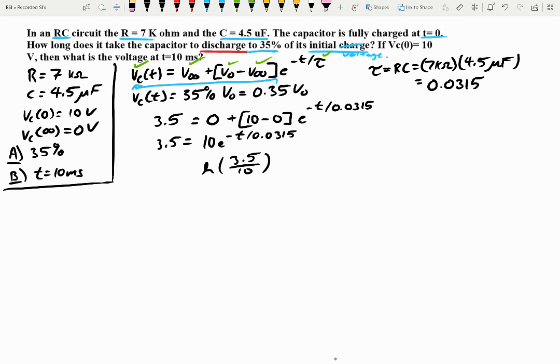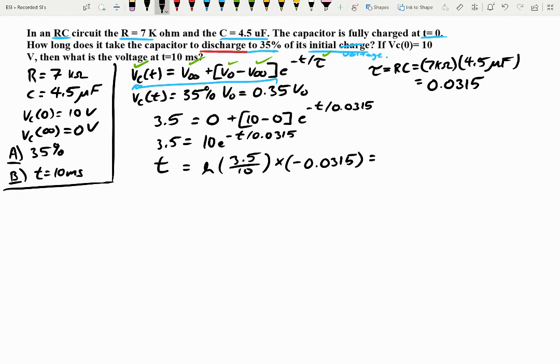All right. And then multiplied by negative 0.0315. Okay. And that's just me rearranging there. So it'll be this value. It's just a little bit of algebra, so you can work that out for yourself.